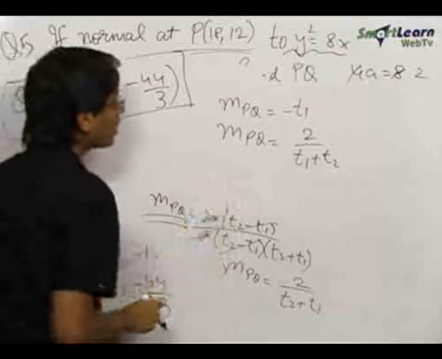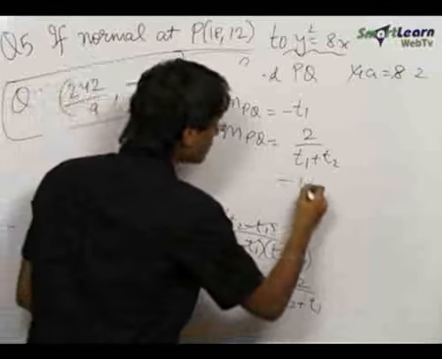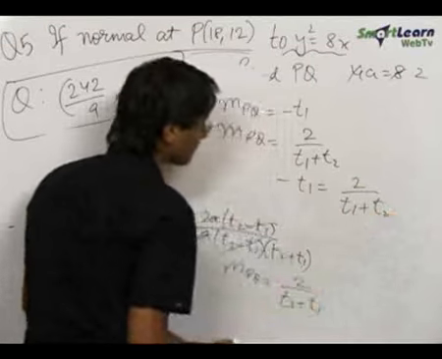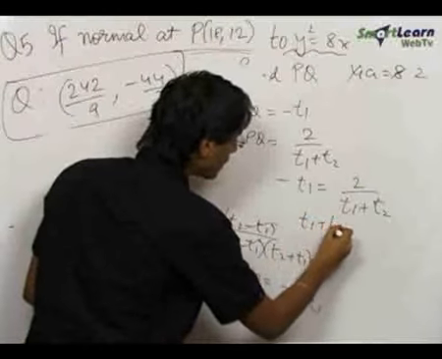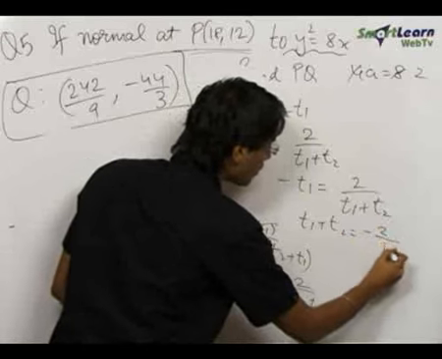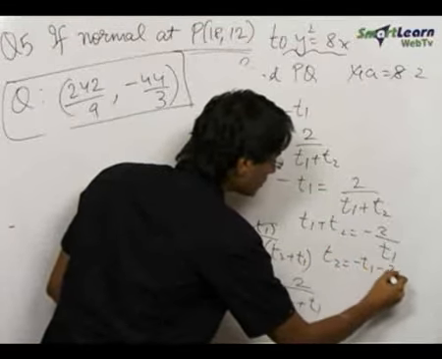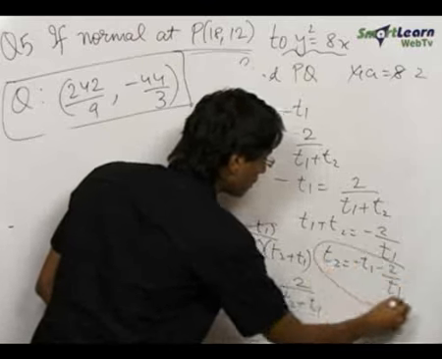Hence we can equate both the slopes to get minus t1 is equal to 2 upon (t1 plus t2), since these are the slopes of the same line. So t1 plus t2 becomes minus 2 upon t1. Hence t2 becomes minus t1 minus 2 upon t1.